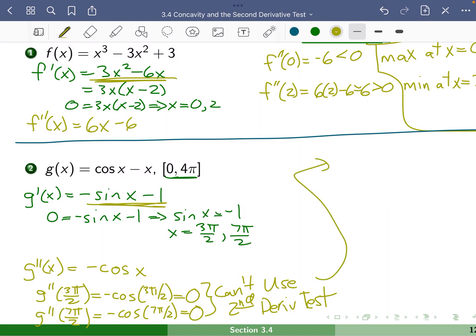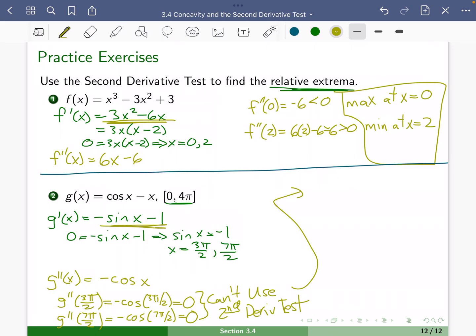Well, I would end up going and using the first derivative test. What was the first derivative test? Well, that's where you would do a sign chart. You would see, does it change from increasing to decreasing at 3 pi over 2 or 7 pi over 2?